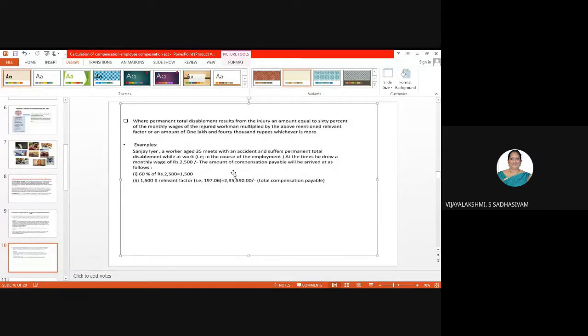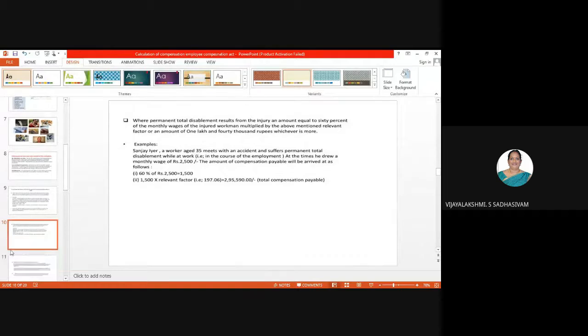So we know it is arising out of and in the course of employment, that should be the cause for compensation. At the time, the salary he draws is 2,500. So his compensation will be based on 60% of this 2,500 into the relevant factor. This relevant factor is common, as we have taken this sample as 35 years. So here we calculate the total amount of compensation.